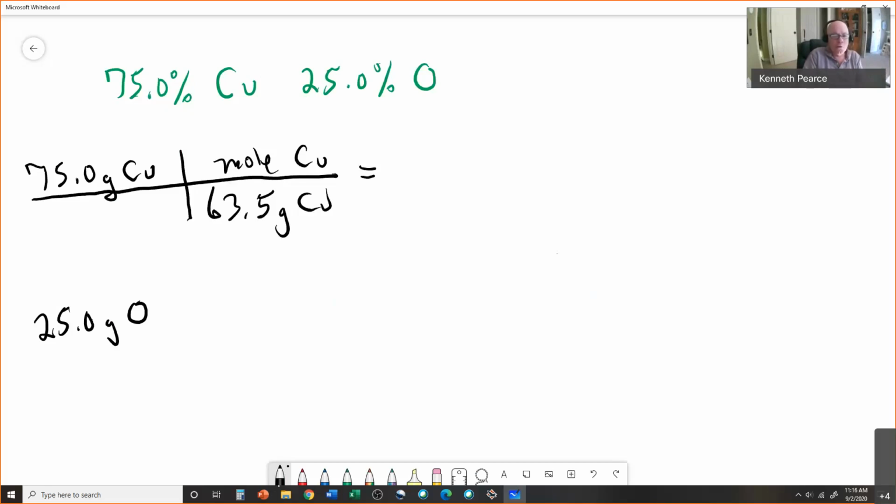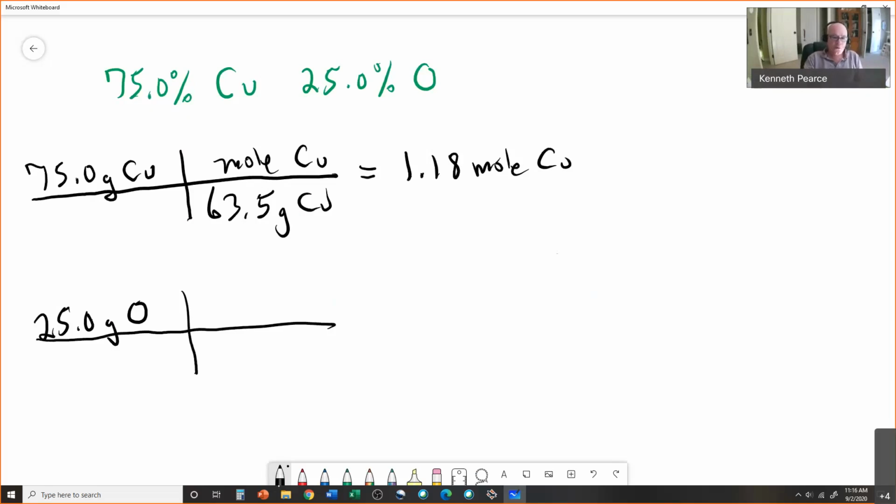That's what that number means. And we'll go ahead and put that in our calculator. And here we go. And so we say 75.0 divided by 63.5, and I get 1.18 mole copper.